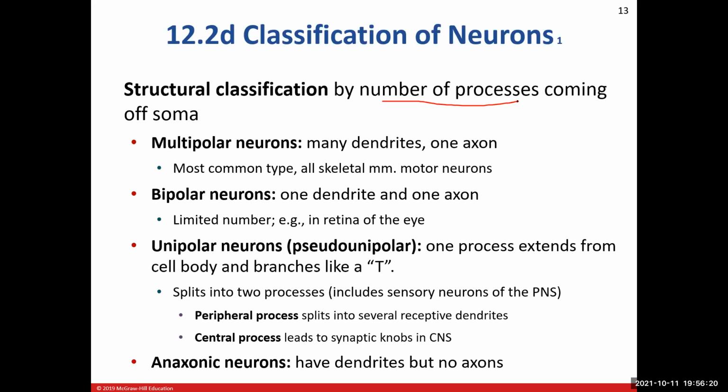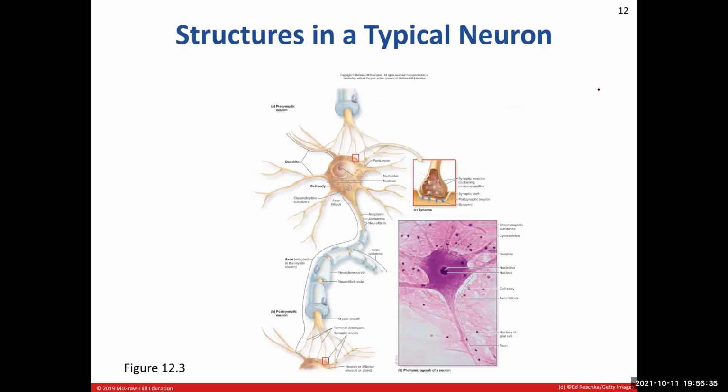The one that we've been talking about the most is the multipolar neurons. That's the most common type. When you say multipolar, that means off of the cell body, you're going to have many dendrites and one axon. That's that picture right there. Many dendrites and one axon.